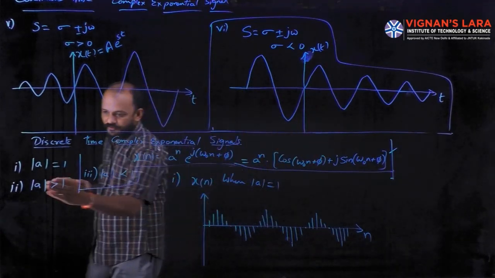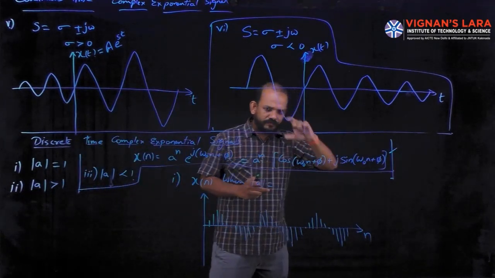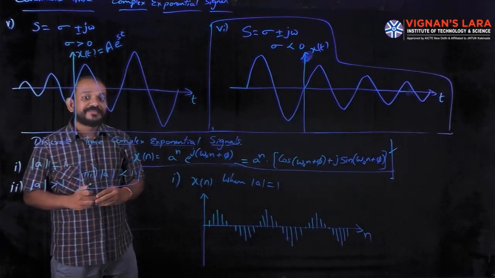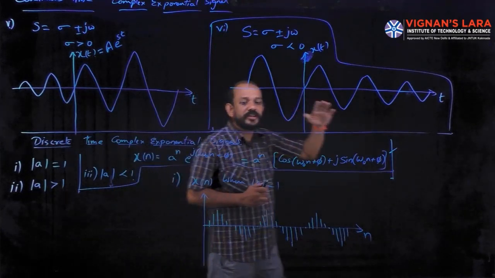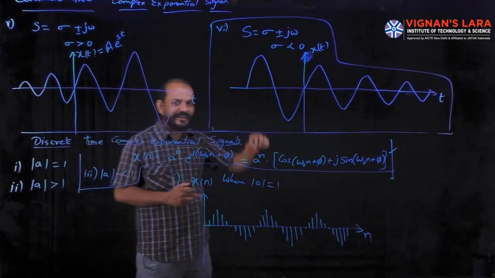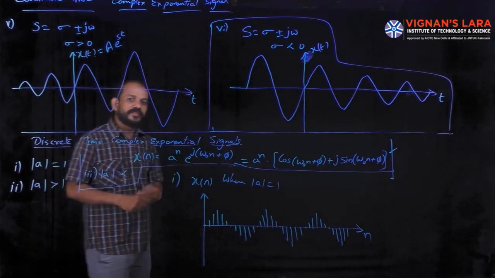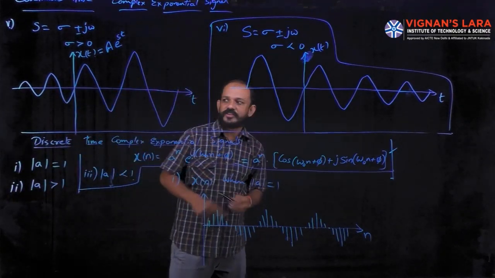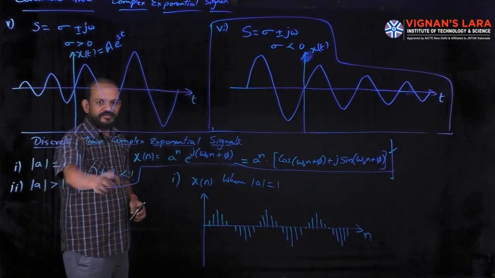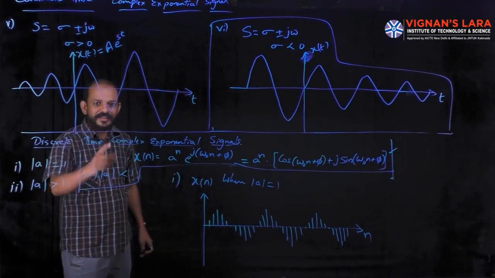In the same way, for mod a greater than 1, the sinusoidal sequence grows exponentially, and for mod a less than 1, the sinusoidal sequence decays exponentially. We will see the two waveforms for these two cases. With that we will finish the discrete time complex exponential signals. Now we will see the second and third case.